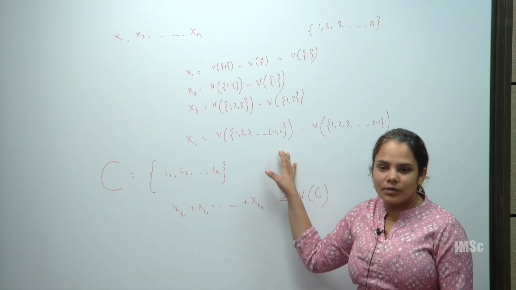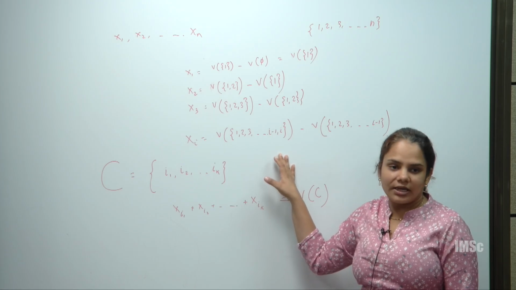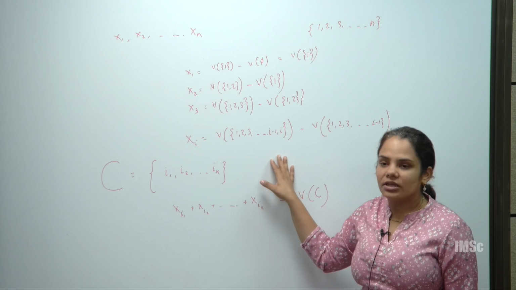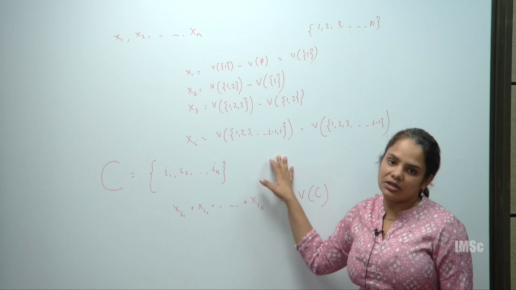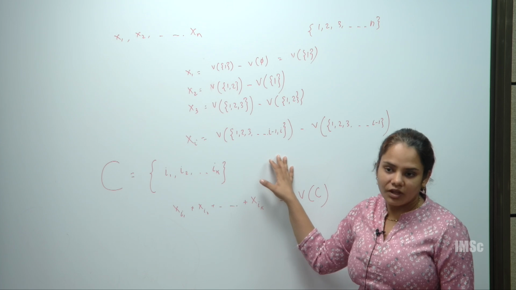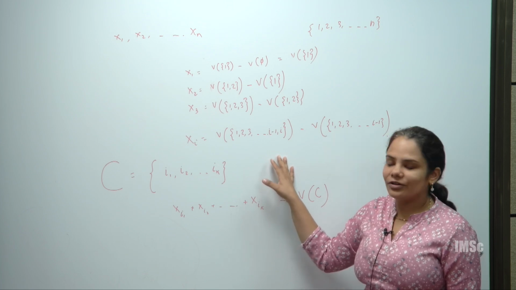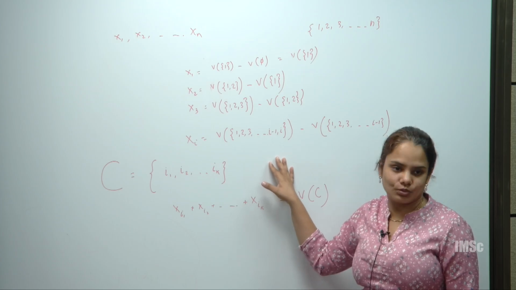The only problem that happened was, because I was changing the permutation, my allocation was completely changing. It may happen that in one permutation I am getting something, in another permutation I am getting something completely different. Okay. So if I can do something about this permutation, then I am through.